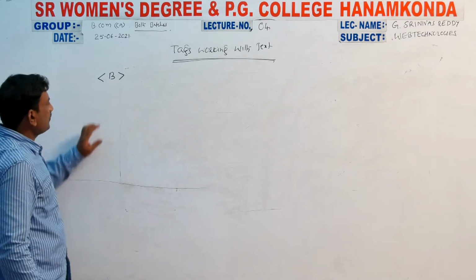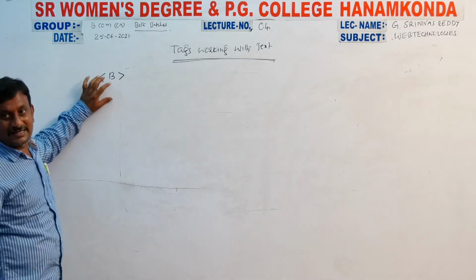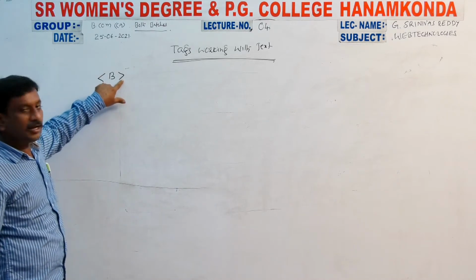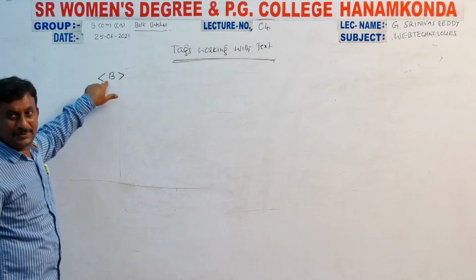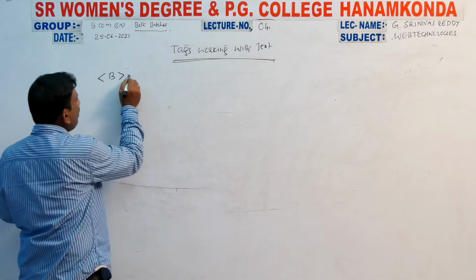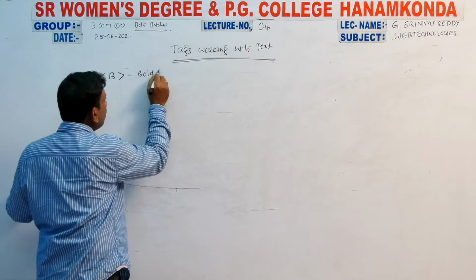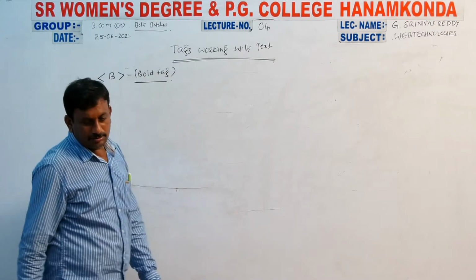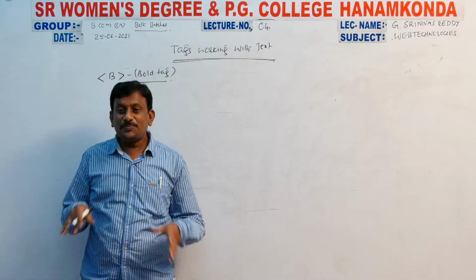As we said in our last class, a tag means you write something between a left angle and a right angle, then you write B. B is a bold tag. The tag is called bold. What is the importance of this tag?